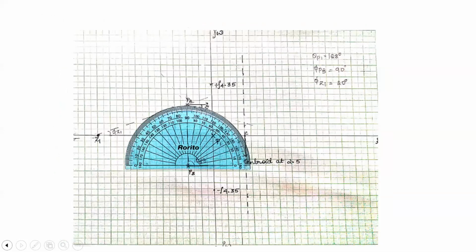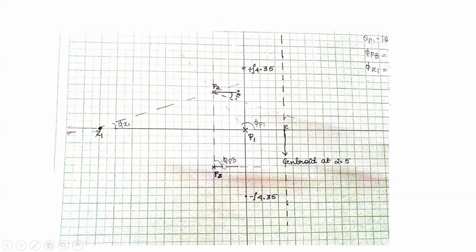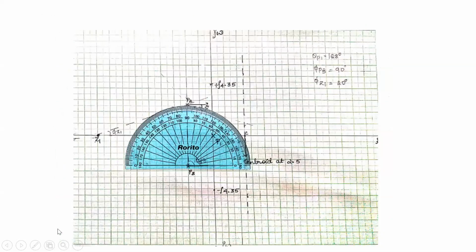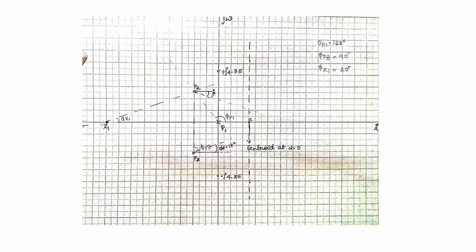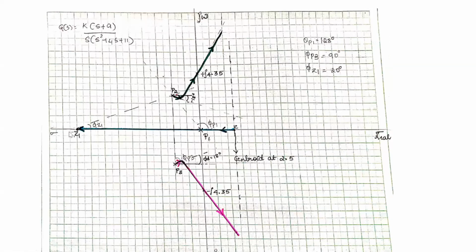So they come out making an angle of minus 18 and plus 18 and proceed towards the imaginary axis, and then further they'll continue towards infinity, searching for a 0.